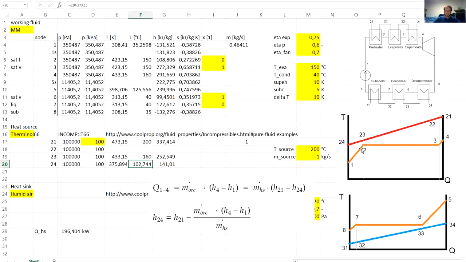So you can see that because of this pinch point within the heat exchanger, we have a limited amount of heat we can transfer from the heat source to our working fluid. And if we want the evaporation temperature to be 150 degrees C, the heat source outlet needs to be at least 102.7 degrees C. Definitely not less.